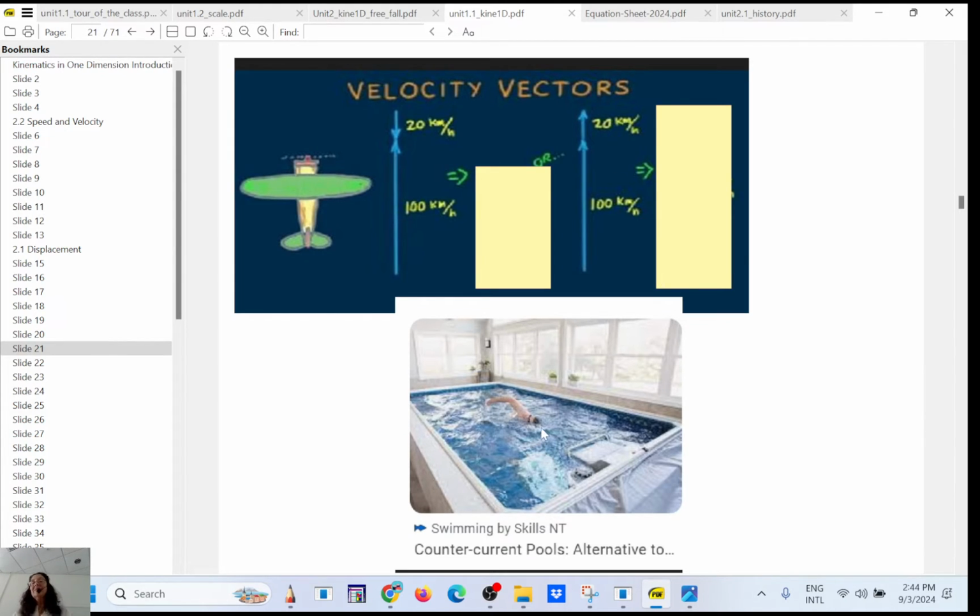I have found this very good example because when I teach this, sometimes it's confusing. If you have enough room in your house, if you are moving at 2 miles per hour to the right, and the water is flowing 2 miles per hour to the left, what's going to be your velocity relative to someone sitting outside?